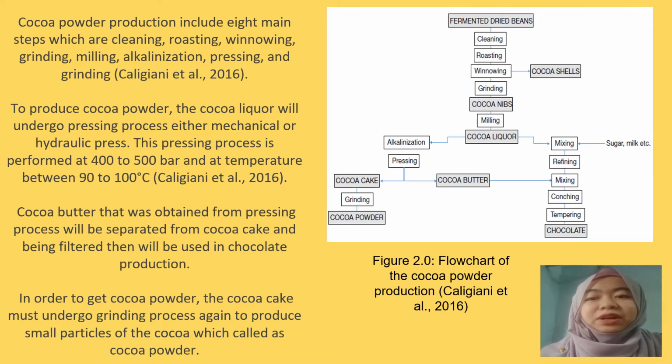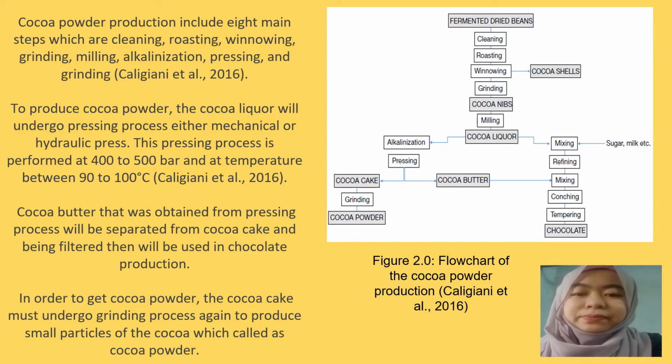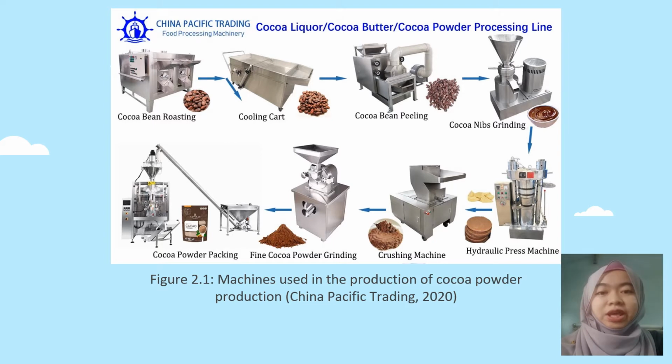Here in figure 2.0, you can see the flow chart of the cocoa powder production. In figure 2.1, you can see the machines used in the production of cocoa powder (China Pacific Trading, 2020).